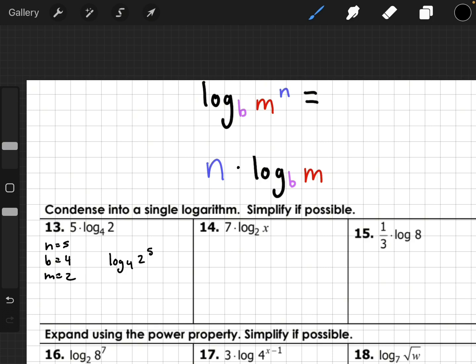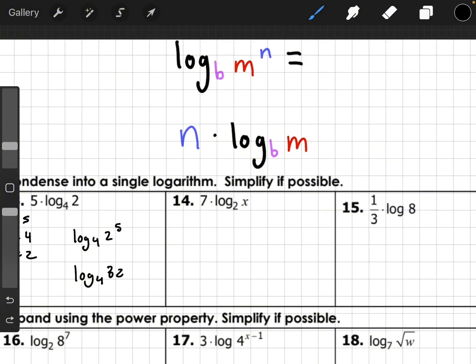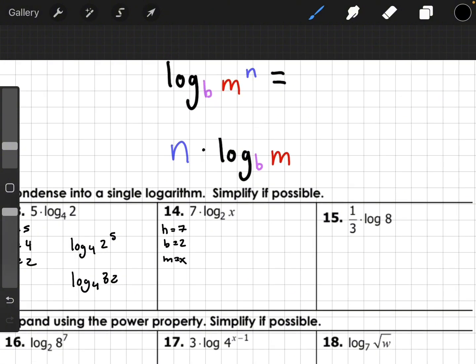Now 2 to the power of 5 is 32, so we can condense this to log base 4 of 32. Next, n equals 7, b equals 2, and m equals x. So we have log base 2 of x to the power of 7.